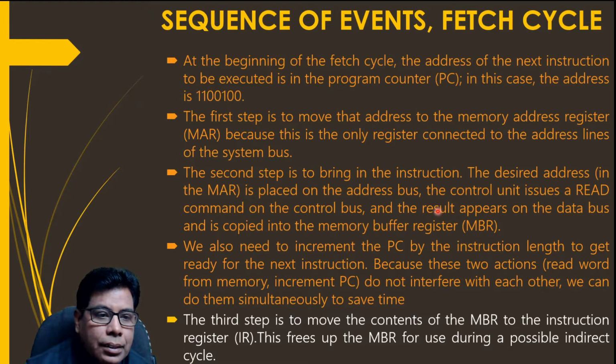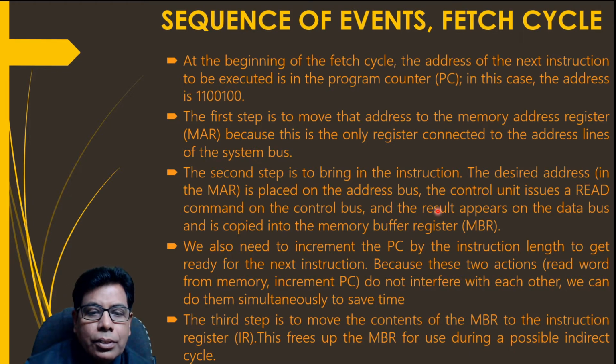And then the third step is to move the contents of MBR, the memory buffer register, to the instruction register. This frees up the MBR for use during the possible indirect cycle.